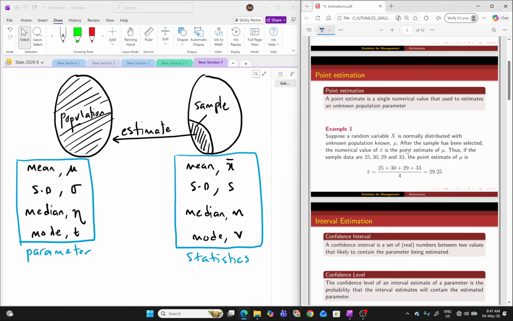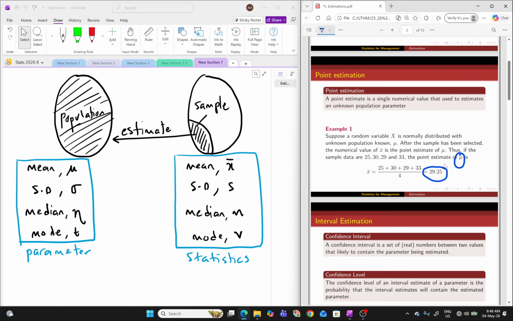You take a sample, katakan sampel tu dia ada 1, 2, 3, 4 orang saja. Okay? You plus all, divide by 4, you get 29.25. 29.25 ni sekarang you bagi tahu adalah estimate untuk population mean. Sekarang ada dua mean, satu ini apa? Sample mean. Ini apa? Population mean. Sample mean adalah you take a small group of people, like 5 ke 6 ke 10 ke, you find the average.